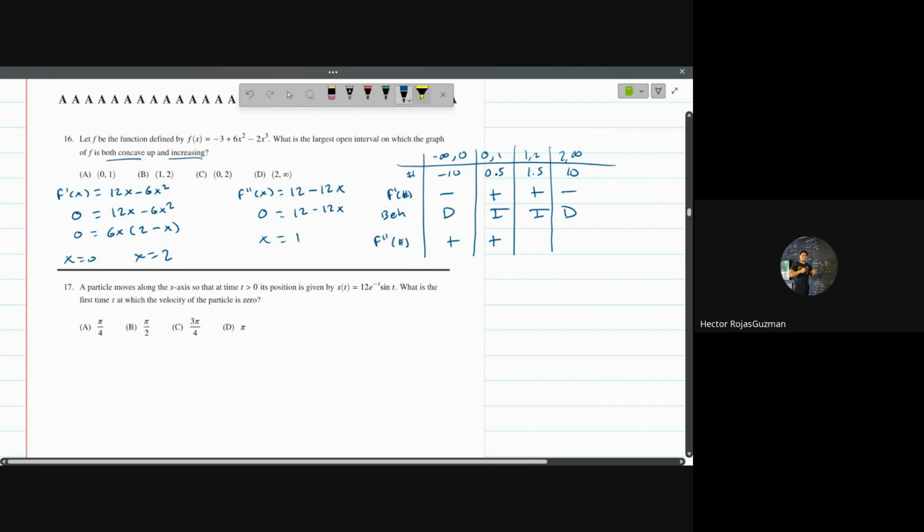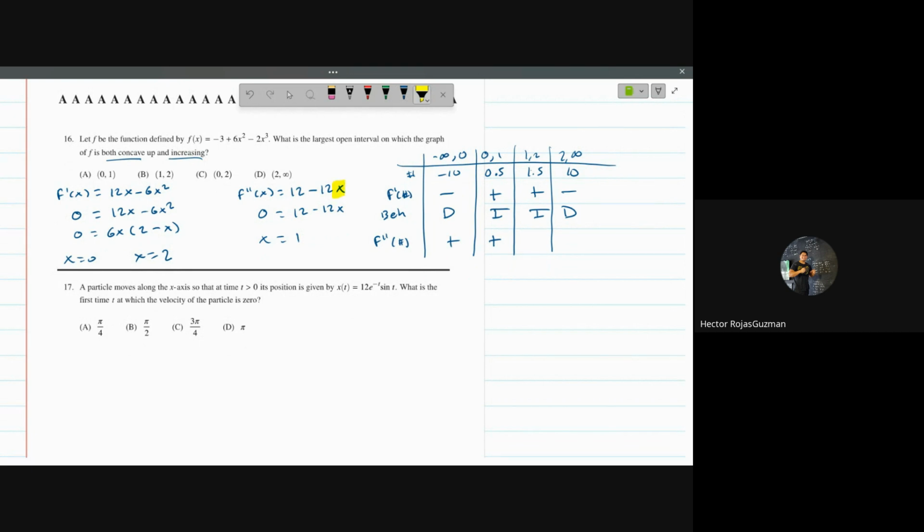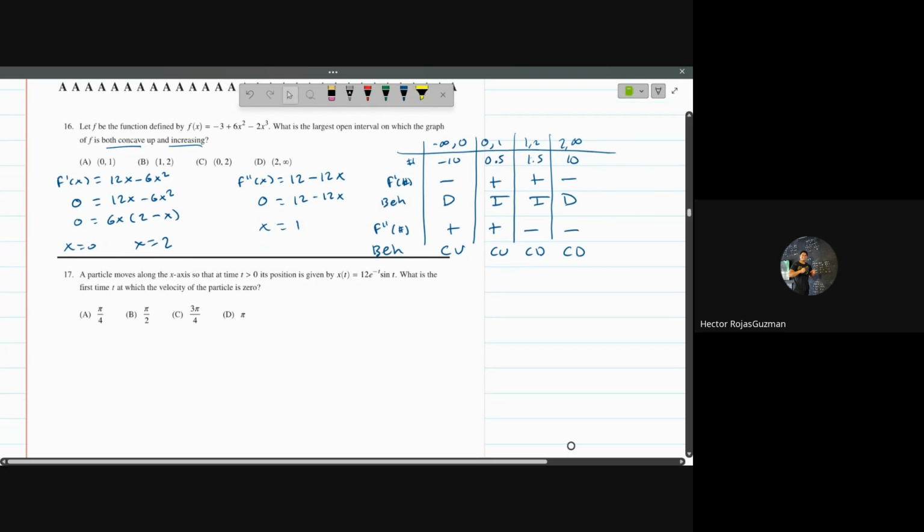If I plug in 1.5 here, I get a negative. And if I plug in 10, I get a negative. So what does that tell me? Well, it's going to be concave up, concave up, concave down, concave down. So we want to figure out the largest open interval where the graph is both concave up and increasing. Here it is, from 0 to 1.